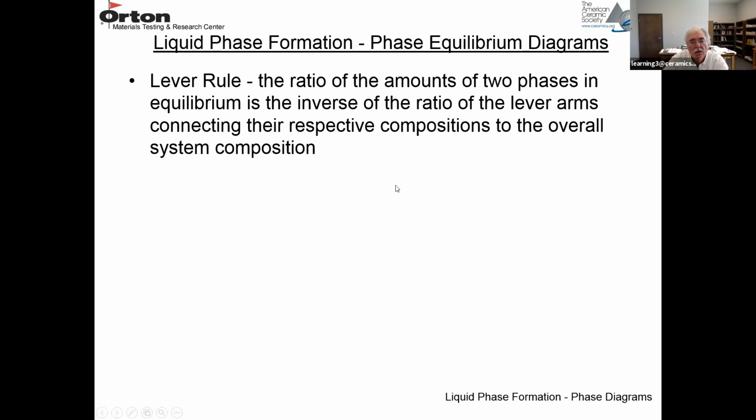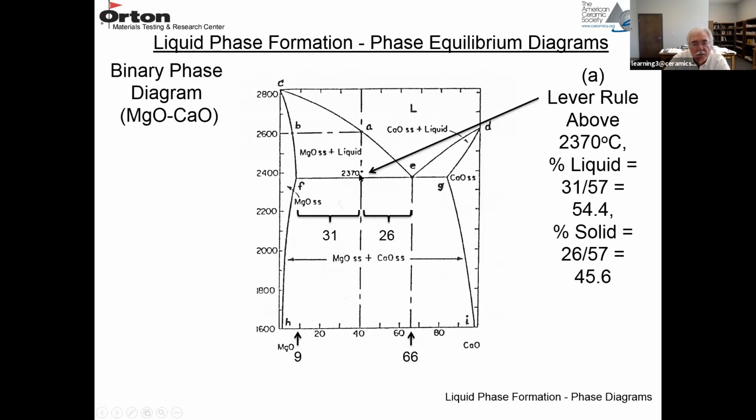So let's just use it for an example here for composition A, which again is 40% CaO and 60% MgO. And the temperature we'll pick is just above the eutectic temperature. So we'll just be barely above 2370 degrees C. So we're at that point right there. That's the composition, and the temperature is fixed right there.